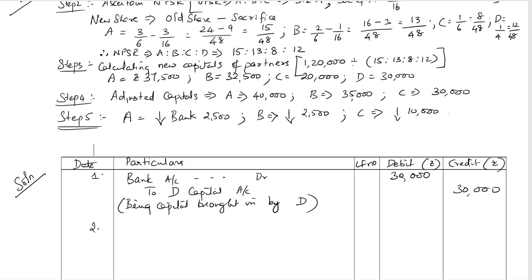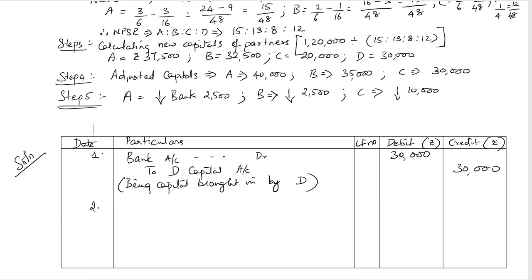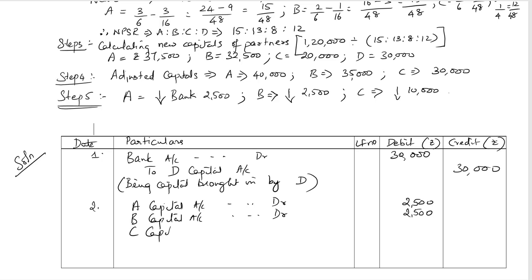Second journal entry, we will pass for A, B and C withdrawing the cash. So it's A capital account debit, A withdraws rupees 2,500, B capital account debit, B withdraws 2,500 and C capital account debit, C withdraws 10,000 rupees to bank account, 15,000 rupees.